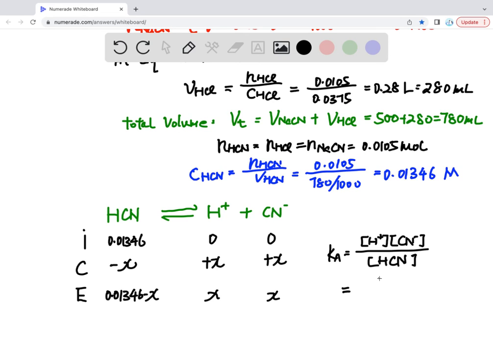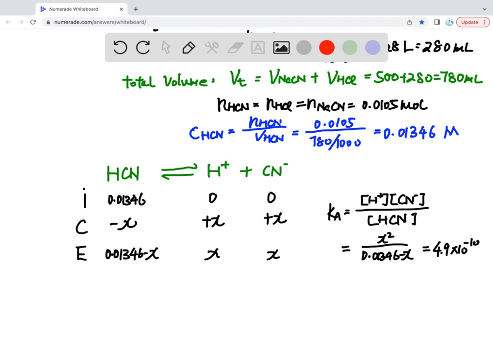So that's equal to X squared over 0.01346 minus X. And that's equal to the equilibrium constant given here, so it's 4.9 times 10 to the minus 10.